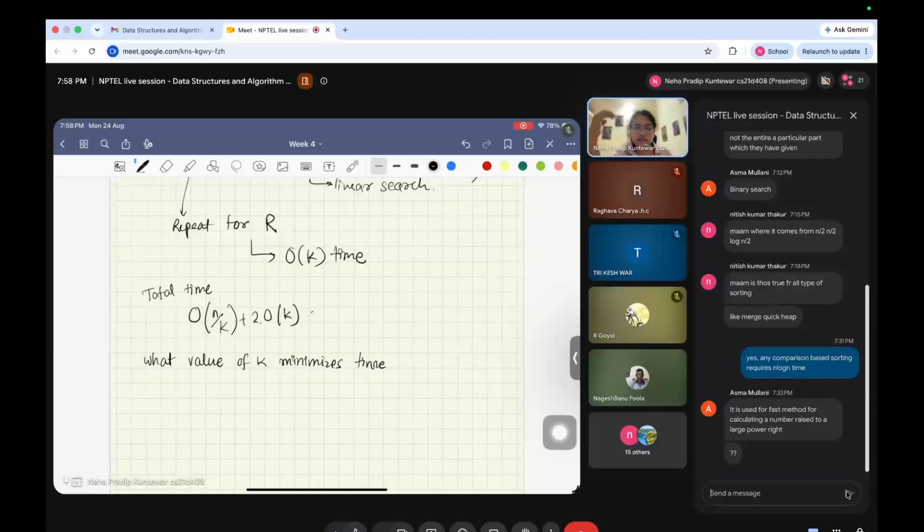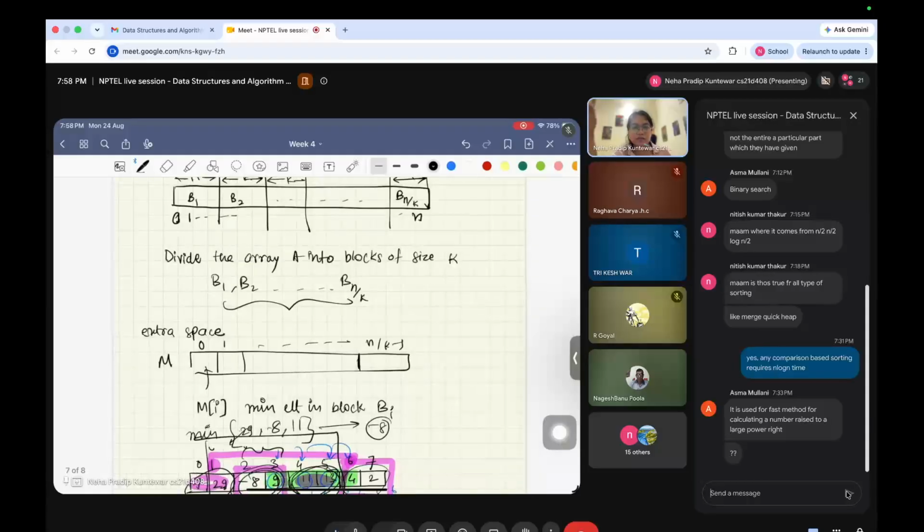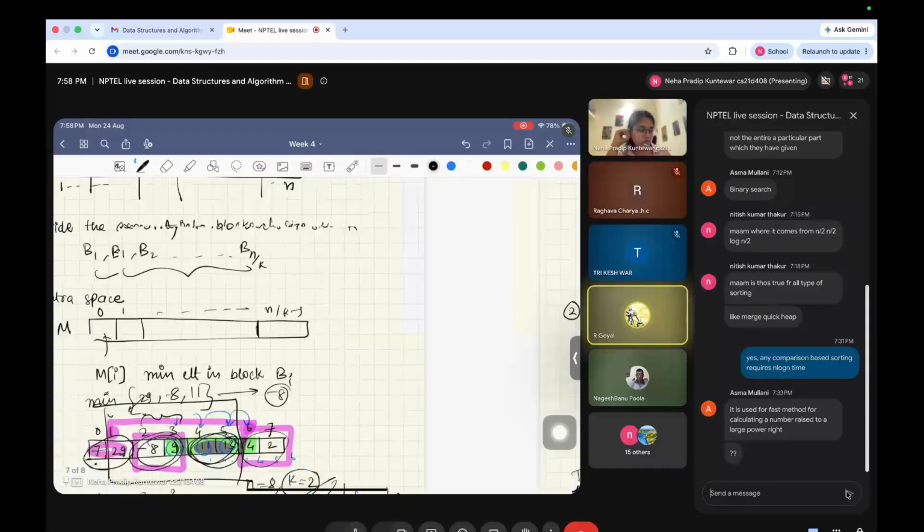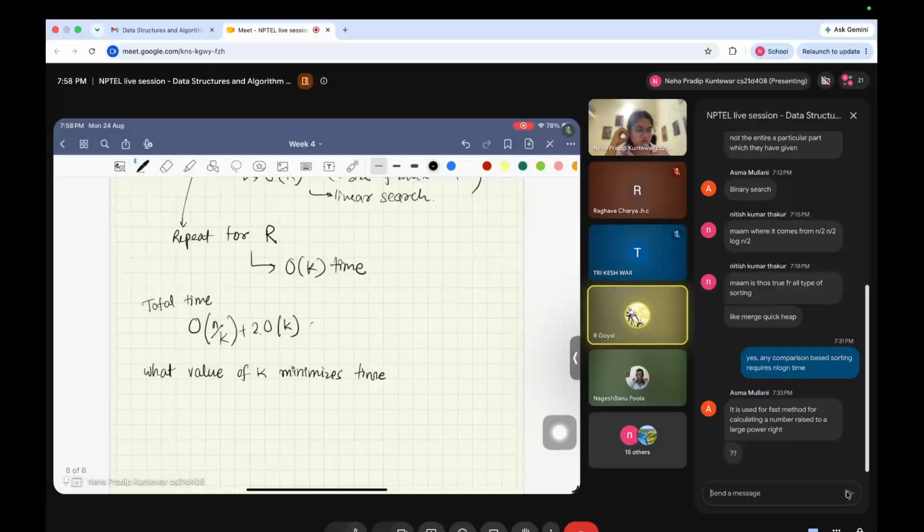L and R will keep changing, but this data structure that we are making is a one-time thing. So let us minimize this function. Let us say k is equal to x, so we get n by x plus x. Differentiate this, and we get x equal to the square root of n. So for the square root of n, this entire thing will come out to be order square root of n.